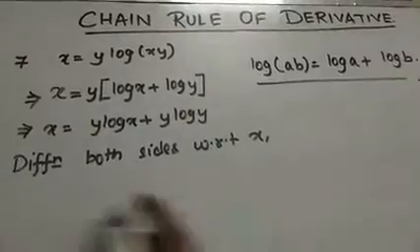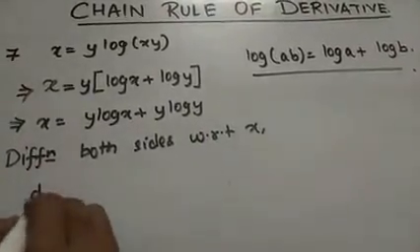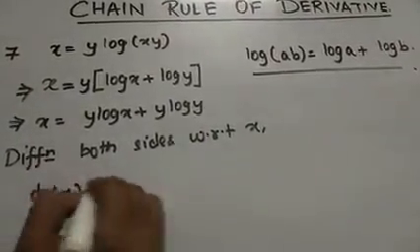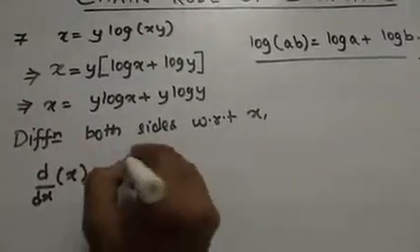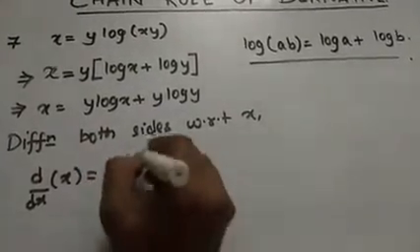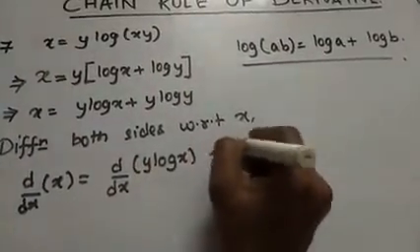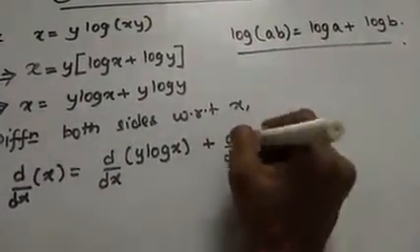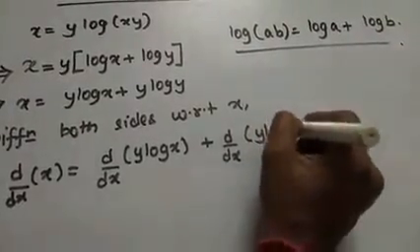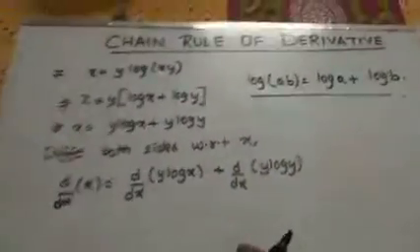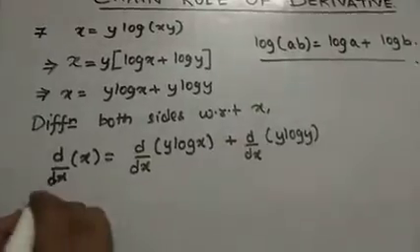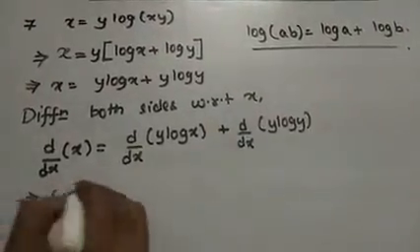Differentiating both sides with respect to x, this side will be d dx of x, and this side d dx of y log x plus d dx of y log y. Okay, d dx of x, we know that this is 1.